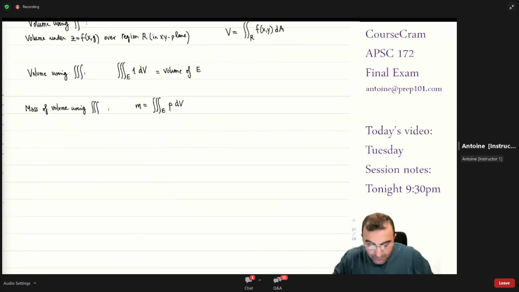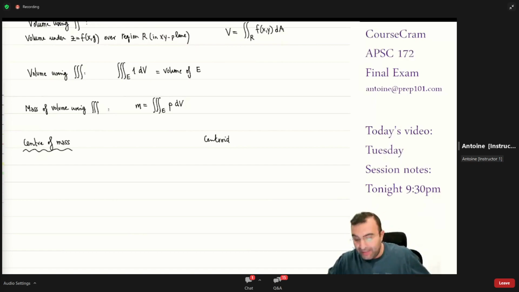Now, how do we find the center of mass versus the centroid? I'm going to explain what center of mass is and what centroid is. Centroid is basically just the center geometrically. That means the density is equal to a constant.